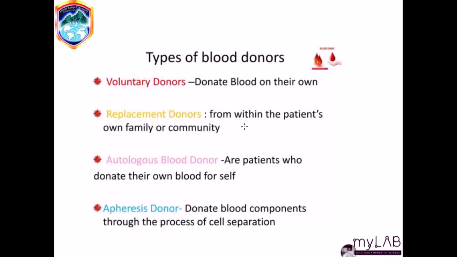So we have different types of blood donors, and one of them is what we call voluntary donors, and they donate blood on their own. We don't have any coercion. They just decide to give blood for the sake of having blood available for people who may need it.